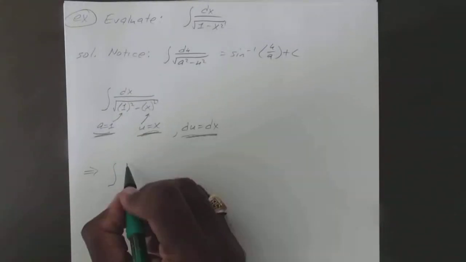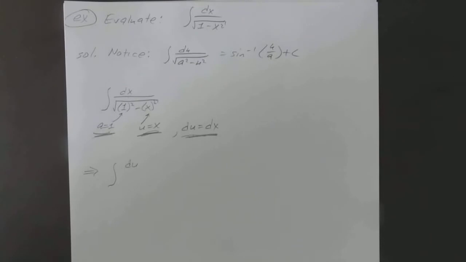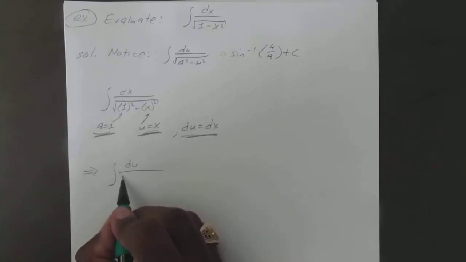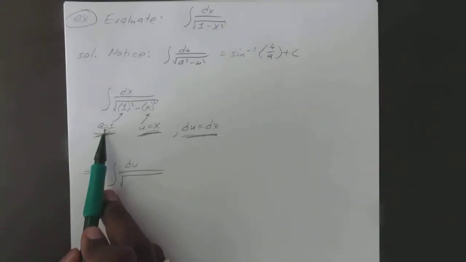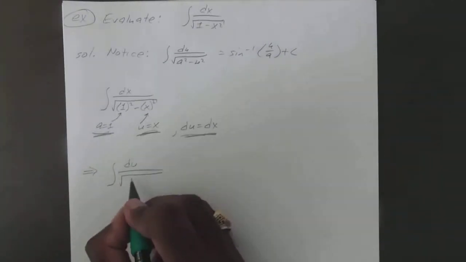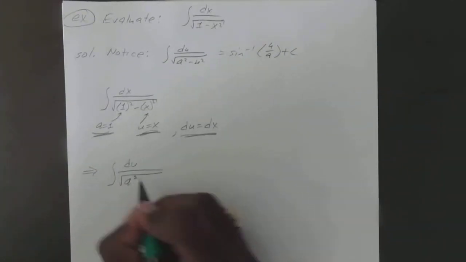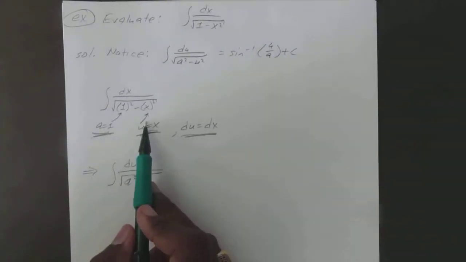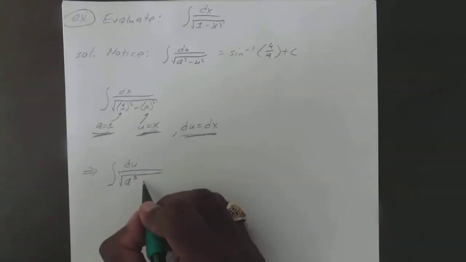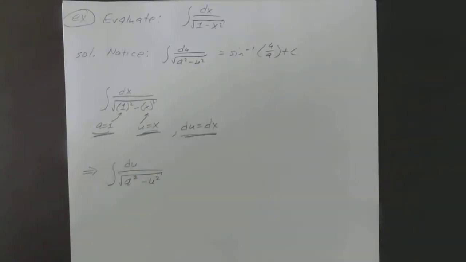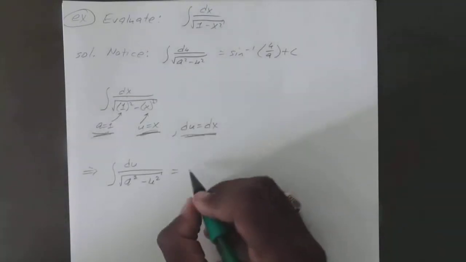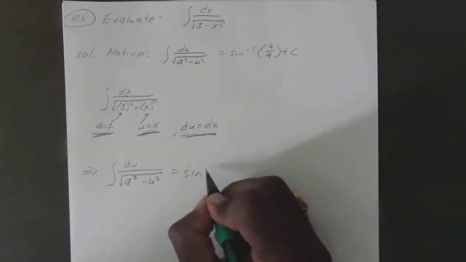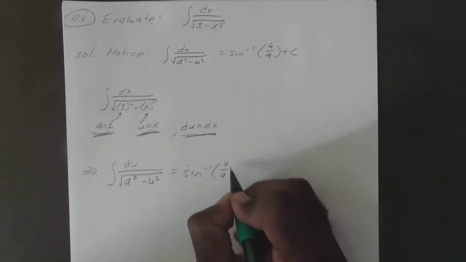All right. So we just get our original equation and we make our substitutions. Okay. So our dx is just du over the square root. Remember, your a is equal to 1, so that's your a squared. Your u is equal to x, so that's your u squared.